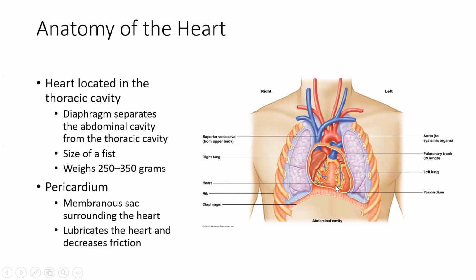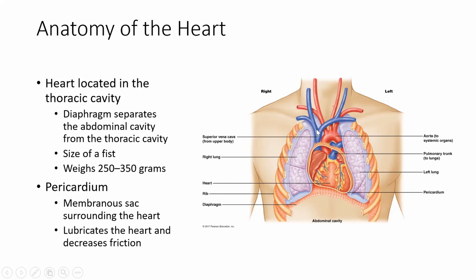Now I want to point out here where the ventricles are located, because the heart is slightly askew left. It's slightly shifted left. So what we can see here, the right ventricle is the anterior surface of the heart. The left ventricle is going to be the left border of the heart, mainly the apex. We call this part of the heart the apex. The atria are going to be on top.